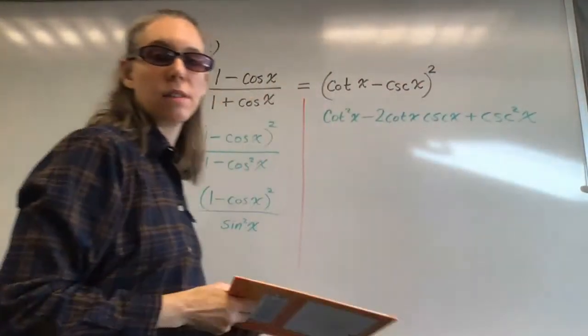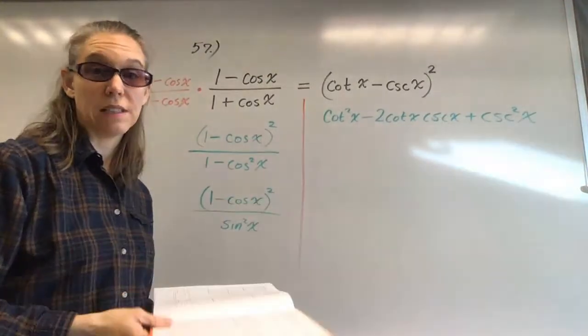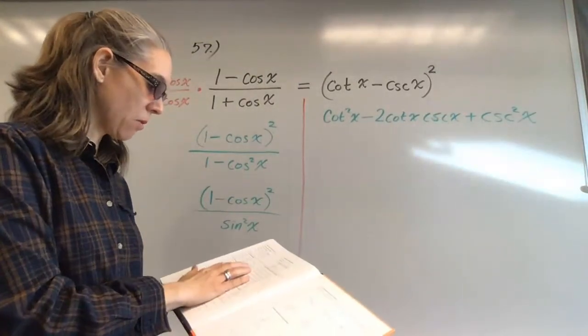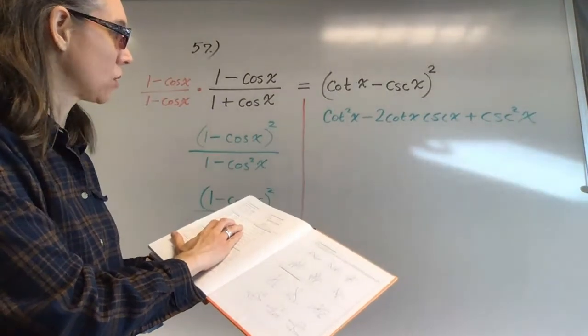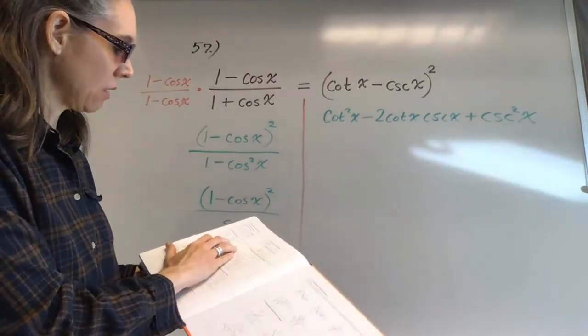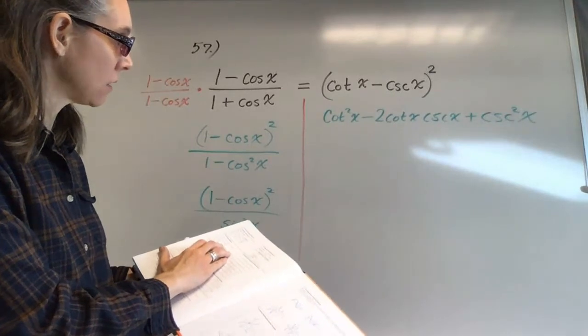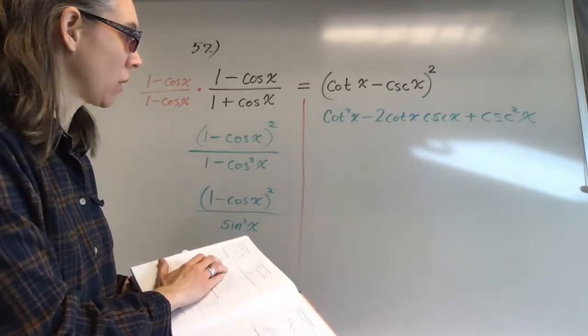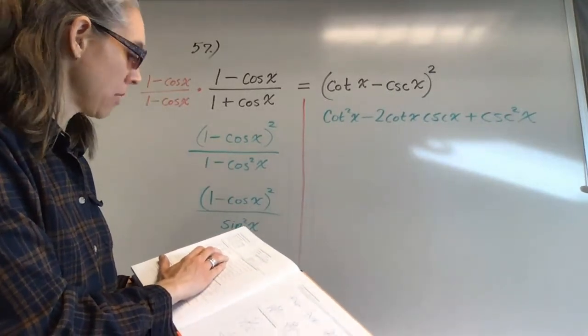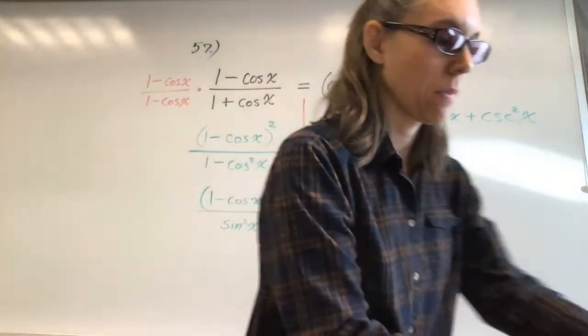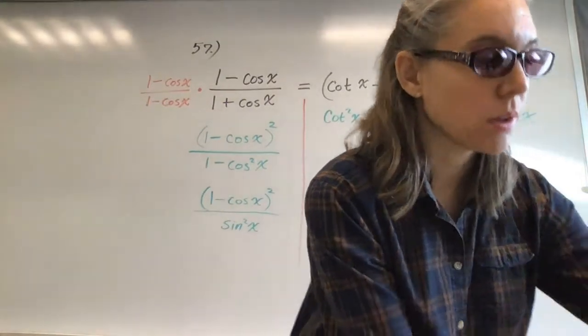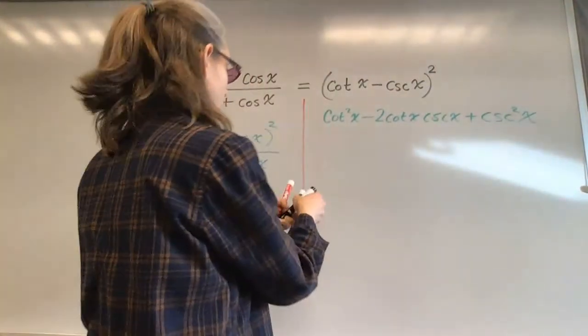So I'm seeing cotangent squared, I'm seeing cosecant squared, so that's going to make me want to look here. Cosecant squared is equal to 1 plus cotangent squared. So maybe that would be a good substitution. So I'll try that. Cosecant squared is 1 plus cotangent squared.